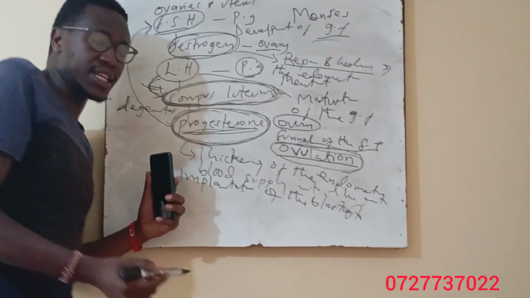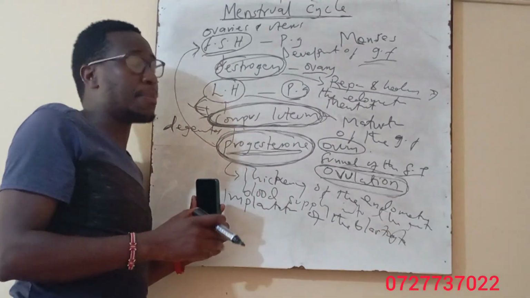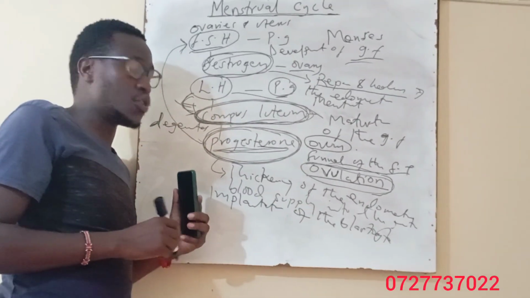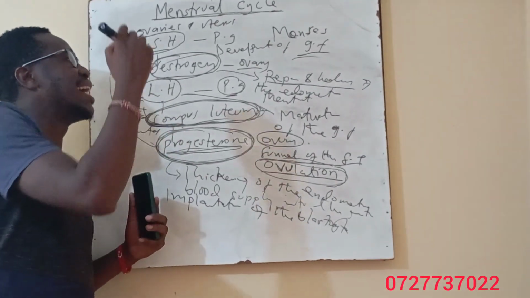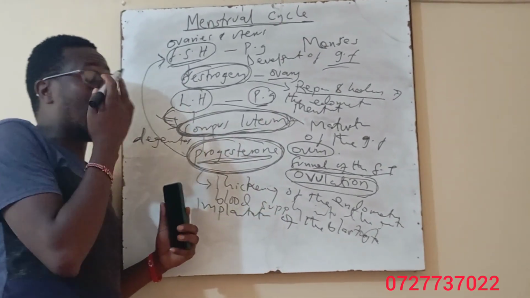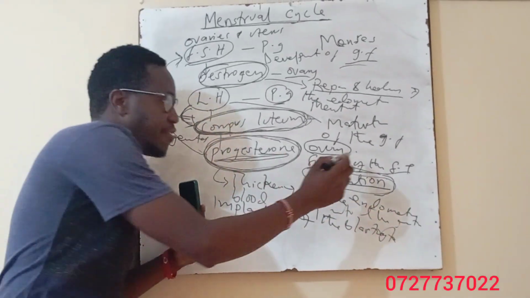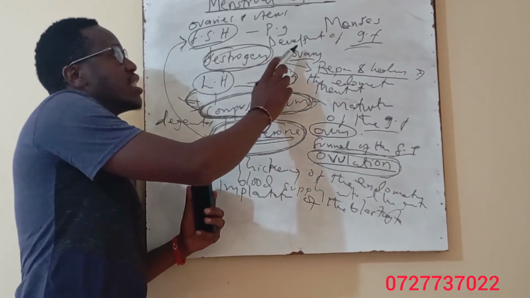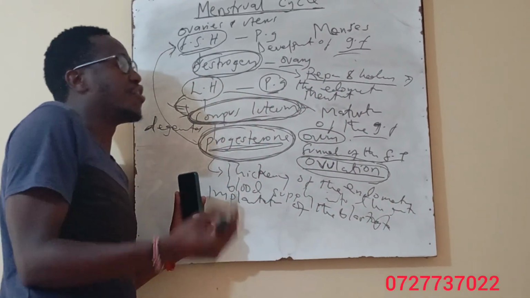Estrogen accumulates to levels that trigger the anterior lobe of the pituitary gland to release another useful hormone known as the luteinizing hormone. The follicle stimulating hormone causes the development of the Graafian follicle, but the luteinizing hormone brings about maturation of the Graafian follicle.